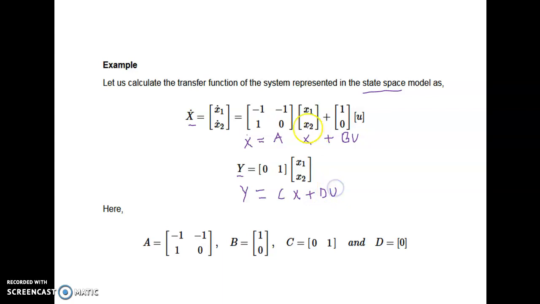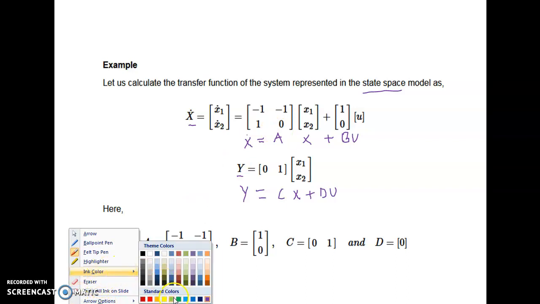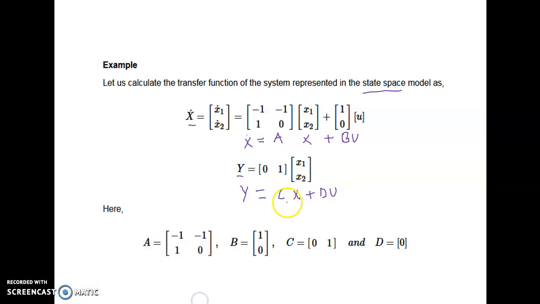So if you compare this equation with this equation, we can say that the matrix A here is nothing but this one.